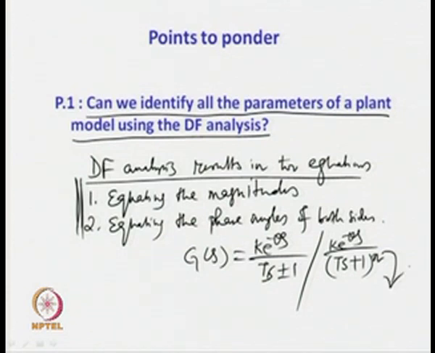So, you can use higher values of n. Suppose I wish to find a transfer function model of this form, it is possible because the number of unknowns is 3, but when n is not known, then it will be very difficult to find the parameters, because the unknowns here are k, theta, t and n. N is also one unknown associated with the transfer function model.